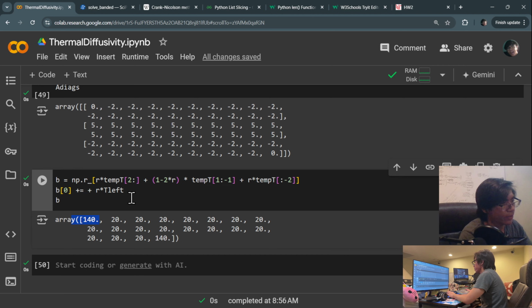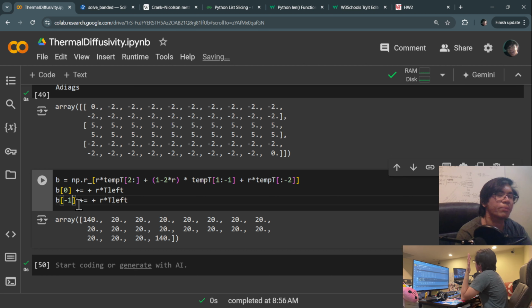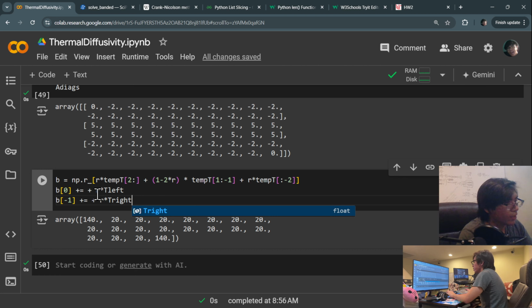It's still 140 there. I'm going to do the exact same thing again. In-place addition saves me from writing the additional element once again. So for the special case on the bottom, we are adding the right-hand side, 80. We don't need to add these anymore since it's an in-place addition.